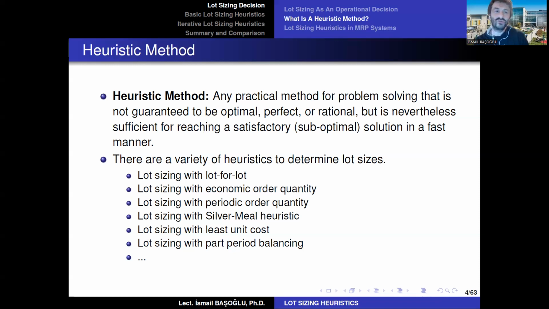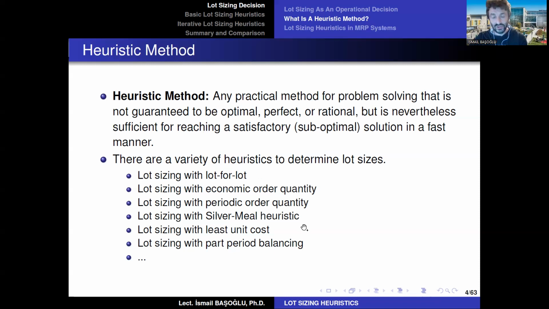That's a good thing, I think, for operational decisions. For the lot sizing problem that we studied in the last module, there are several heuristics proposed in the literature. Some of them are very easy to implement. Some of them are a little bit complex and require some iterative approaches, but still very easy.